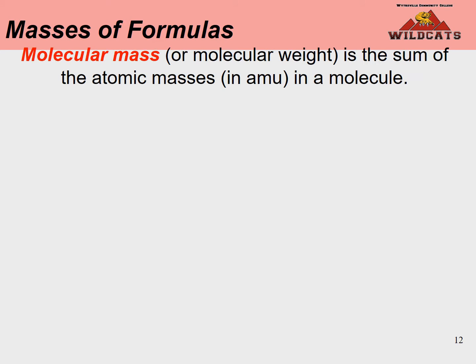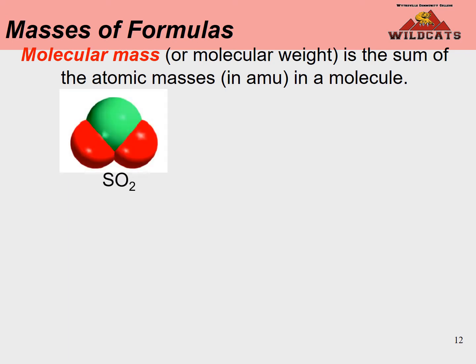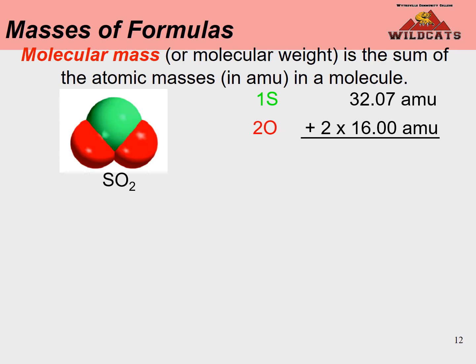So masses of formulas, or molecular weight, is just the sum of the atomic masses in AMU in a molecule. But remember, the numerical value of AMU is the same as the numerical value for grams per mole. So we've got SO2, and if you'll notice, we just add the mass of one S and two O's, and we end up with 64.07 AMUs as the molecular mass.